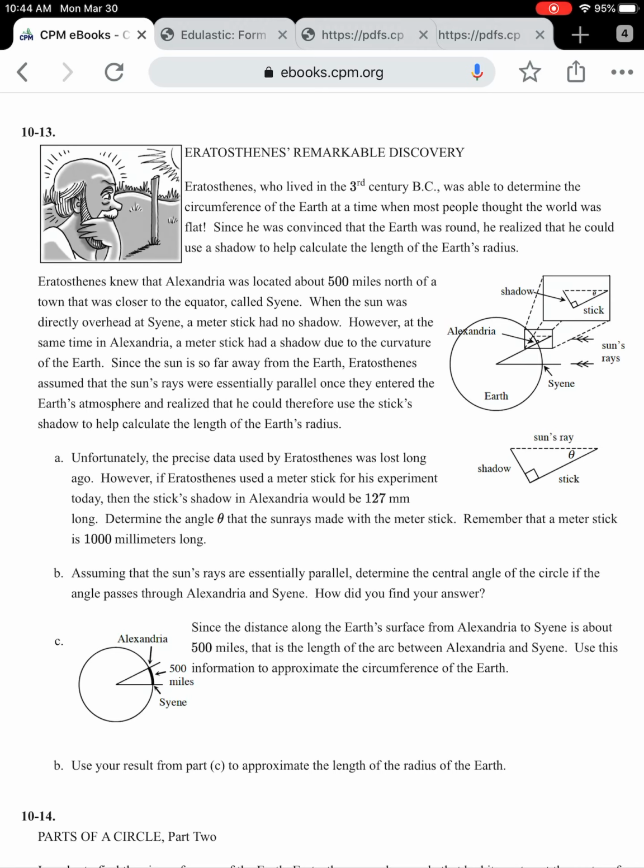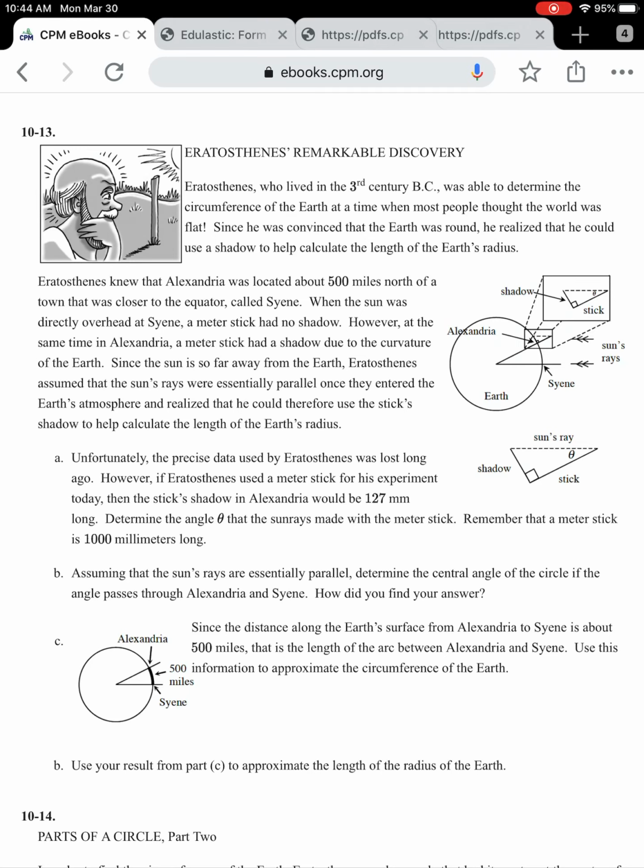So since we know the opposite and adjacent sides, it sounds like we'll be using tangent or its inverse to calculate theta. So that's the approach you'll want to use there, is to use inverse tangent of the shadow length over the stick, and then you'll have that angle theta.